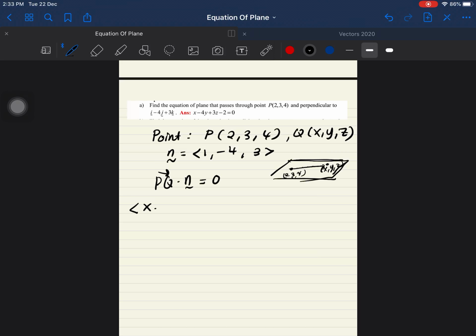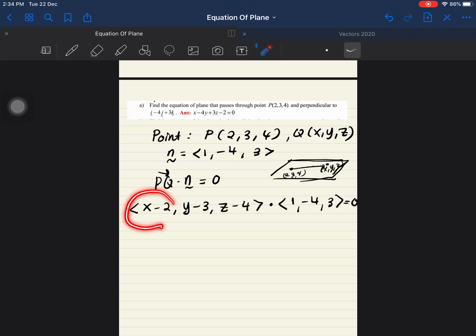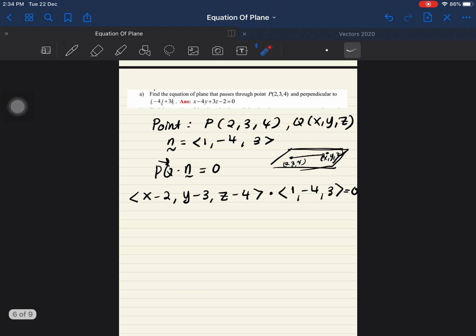So therefore your PQ is equals to X minus 2, Y minus 3, Z minus 4 is dot with your N. So what is your N? 1, -4, 3 is equals to 0. So this is a dot product. So apa yang kita akan buat, yang ni darab ni, tambah ni darab ni, tambah ni darab ni.